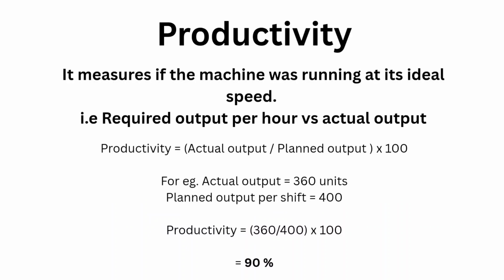For example, say a machine made 360 units in an 8 hour shift, but as per the cycle time we had planned for 400. If we divide actual output by planned output and multiply by 100, we get 90% as the productivity.